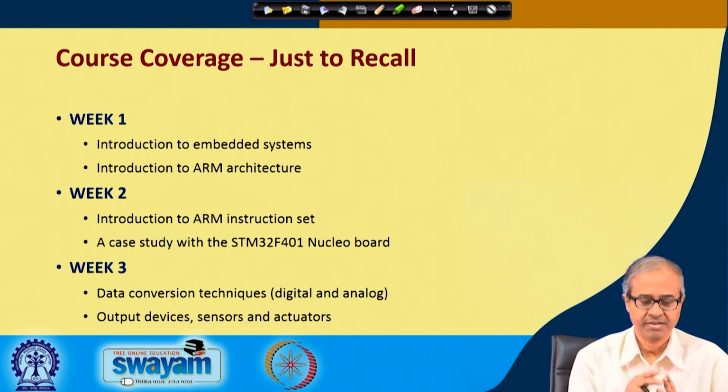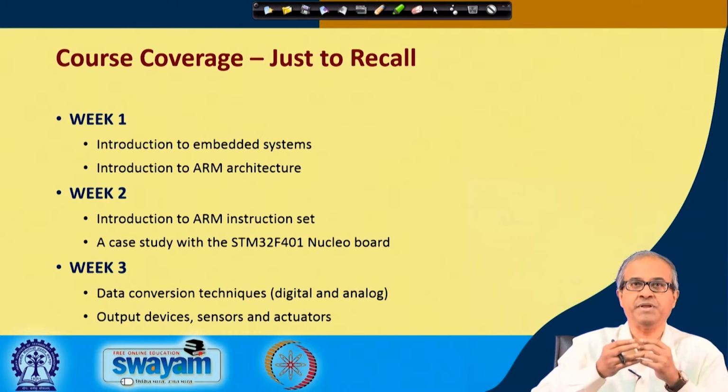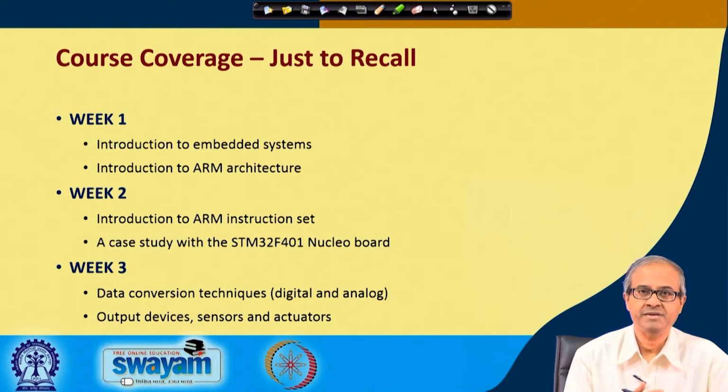And in the third week, we talked about AD converter and DA converter designs, various output devices, sensors and actuators. Most of them we showed through hands-on demonstrations subsequently in the lab and demonstration sessions.